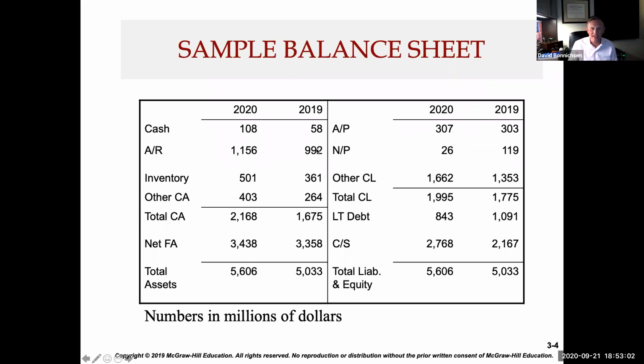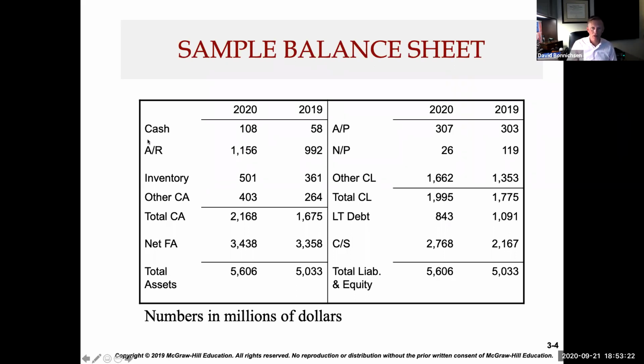Regardless, when you see accounts receivable move up, that is a use of cash, because that's money you're waiting to collect. You haven't collected it yet, therefore you can't use it yet. So an increase in accounts receivable is a use of cash, okay?